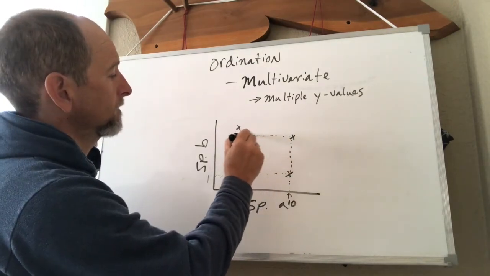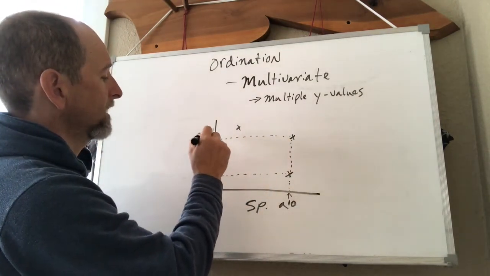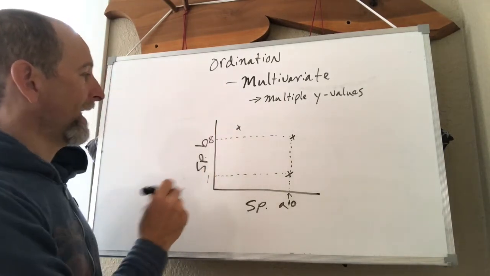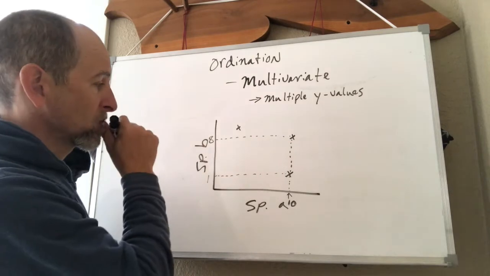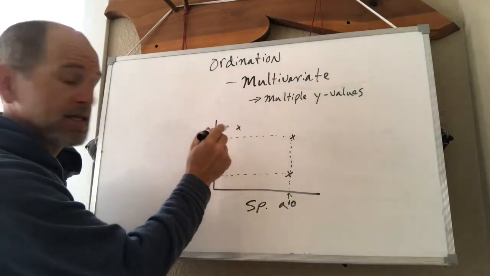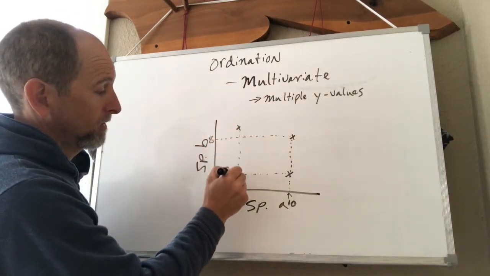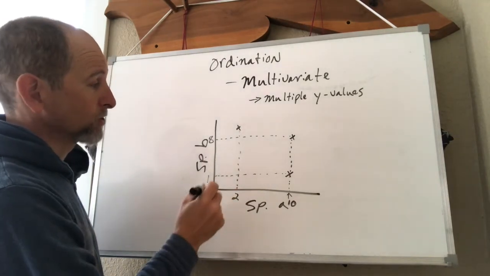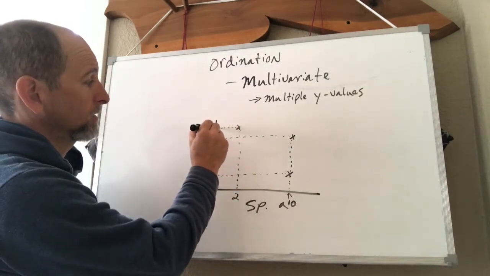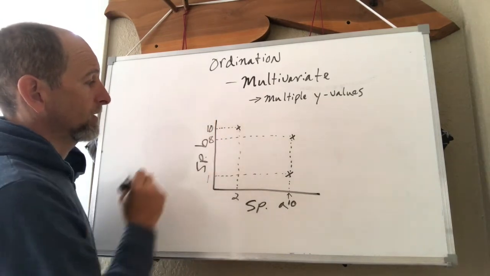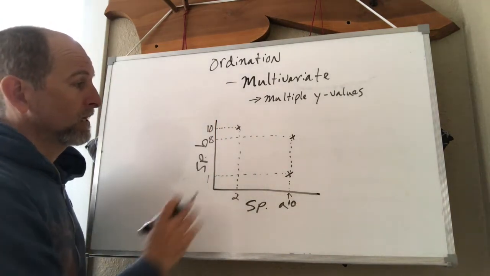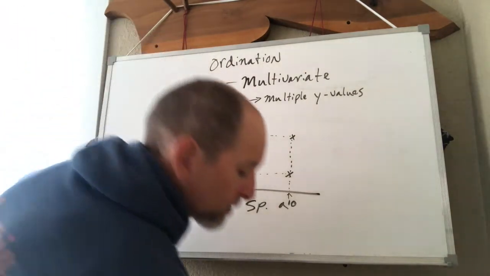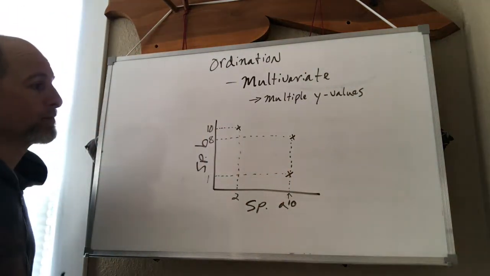But then on the y-axis, they have more species B. Let's call that something like 8. Finally, this sample here has a small amount of species A, let's say it's around 2, and a larger amount of species B. So all of these individual samples differ in terms of species A and species B.